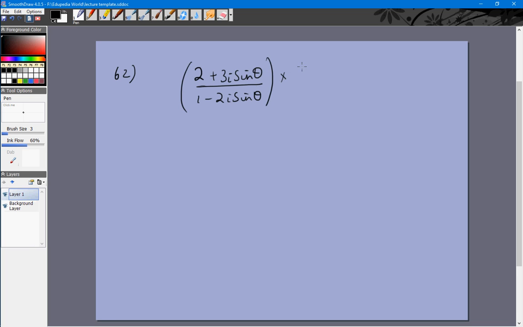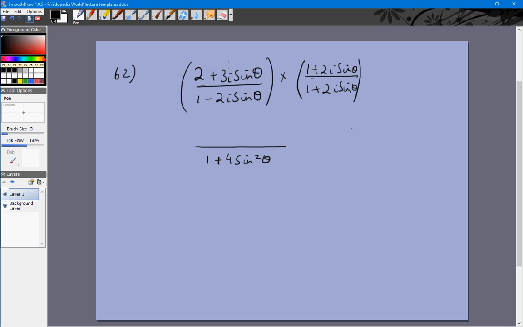We just multiply both the numerator and the denominator by the conjugate of the denominator. So 1 plus 2i sine theta by 1 plus 2i sine theta. This is because this gives me a real number in the denominator, which will be 1 plus 4 sine square theta, because there's an iota square as well.